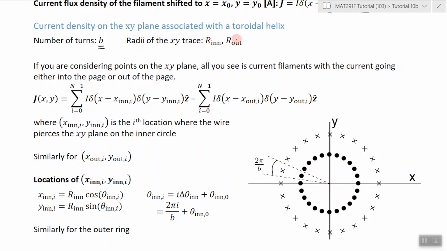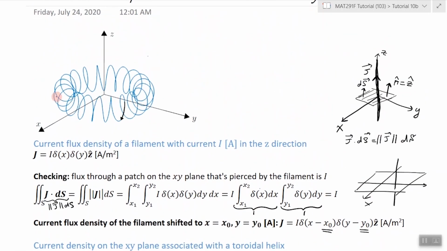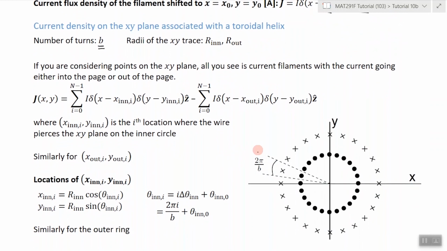The outer radius is r outer. The reason why we have these 2 rings is because, if you imagine slicing this torus, you're going to get inner and outer rings, and on the inside, the way I'm drawing the current here, the filaments are going to come out of the page, and they are going to go into the page on the outer circle.